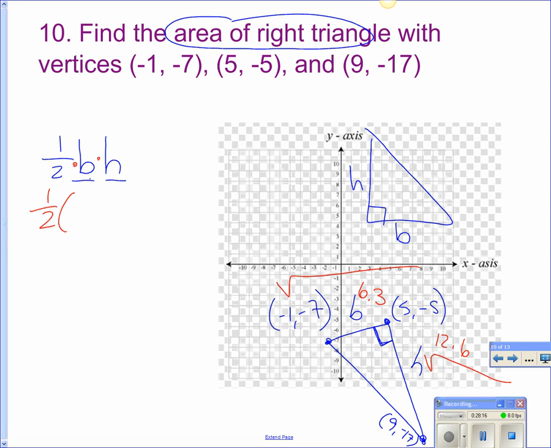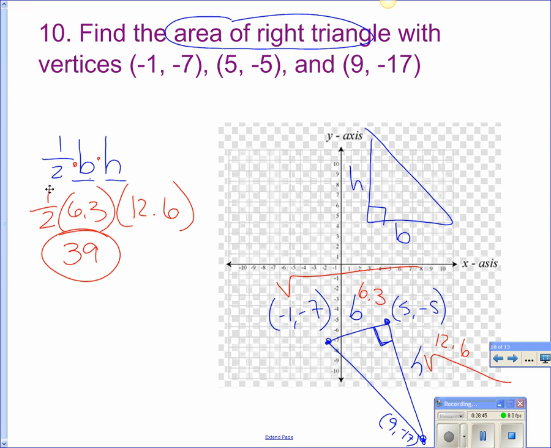So the base is 6.3 and the height is 12.6. So now you got to type that in your calculator. And somebody other than Chase, tell me what you get. 39 is close enough.